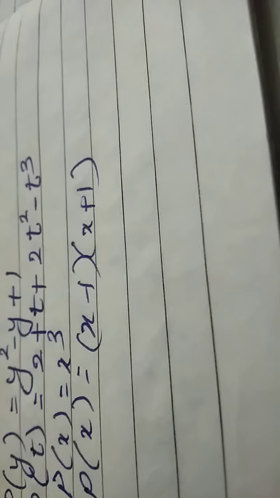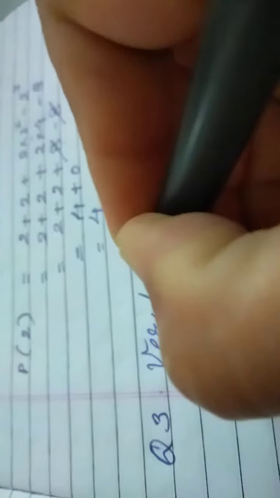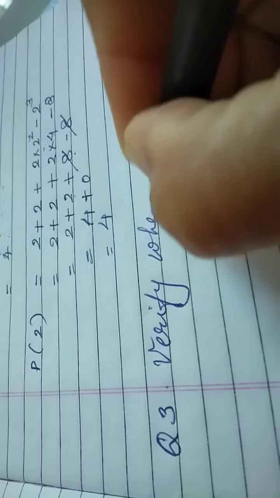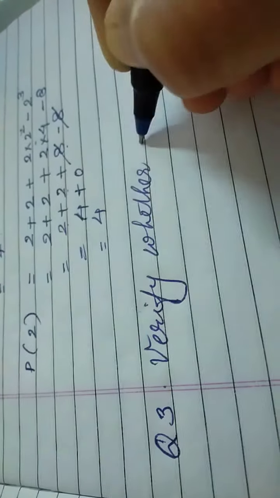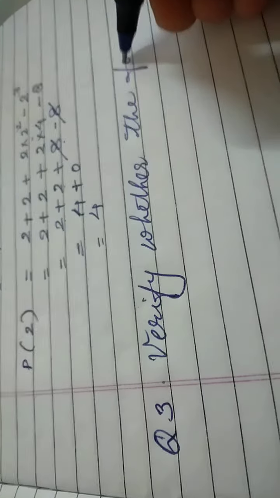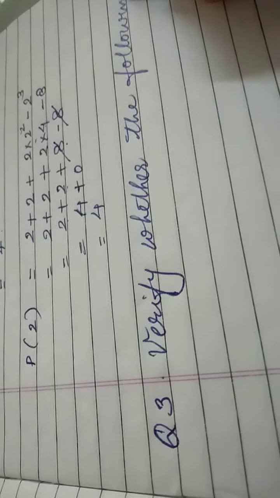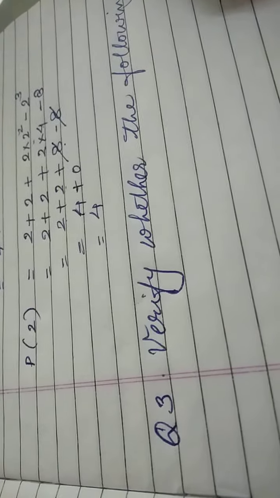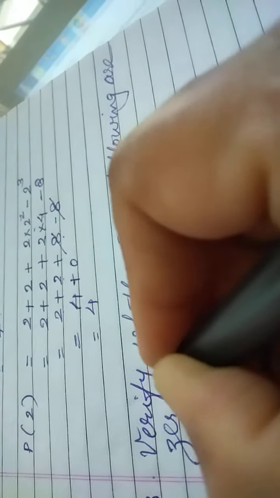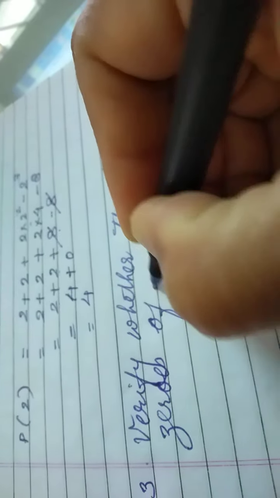Verify whether the following are zeros of the polynomial indicated against them. Question 3.